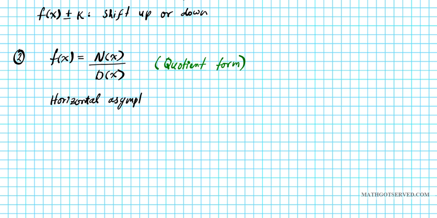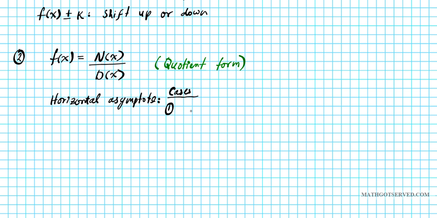For the horizontal asymptote, there are three cases you have to look at. So let's write it down. Cases. In each case, we are going to be considering the degrees of the numerator and denominator polynomial.